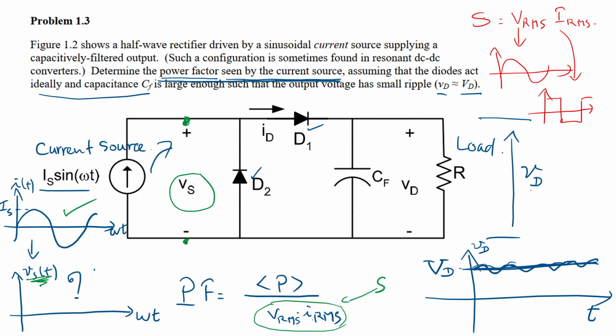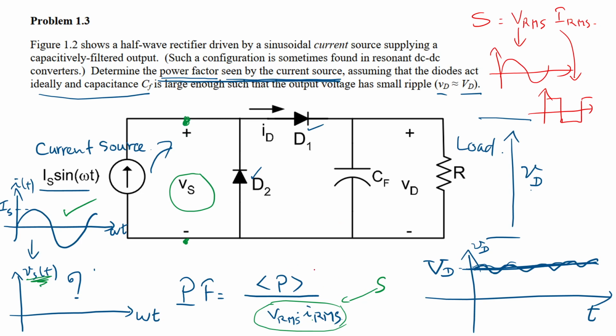After that you need to find real power. Real power can be found from the load part from here, or actually you can find the real power seen from the source, so you just work on this part.